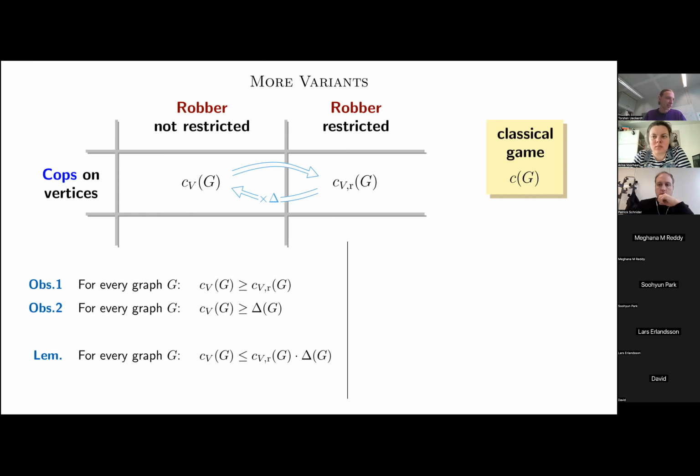A very good point. I was actually at some point wondering what would be a tight example here in this case, because we have 3 parameters that we are kind of comparing, right? So in order to really say it's exactly this, you would say not only for every cop number, but also for every maximum degree, and then for every combination of those.